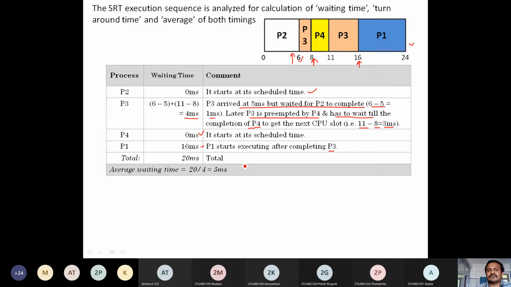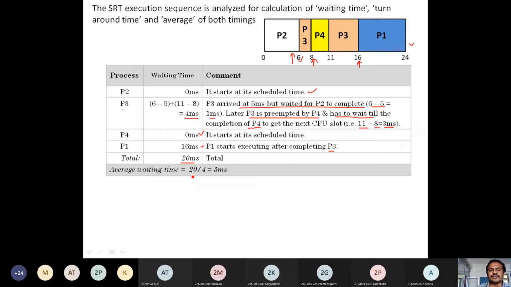Its turn comes at 16 milliseconds. So what is the overall waiting time? The total waiting time of all the processes in the scheduler is 20 milliseconds. So on an average, each process has to wait minimum.